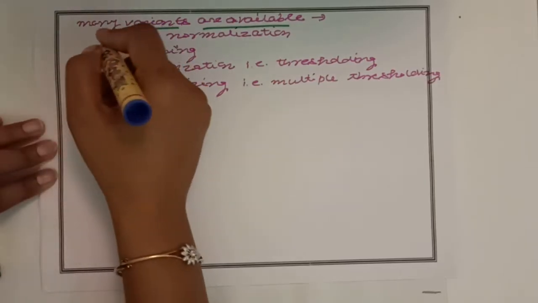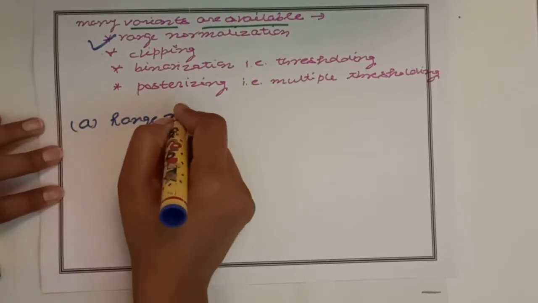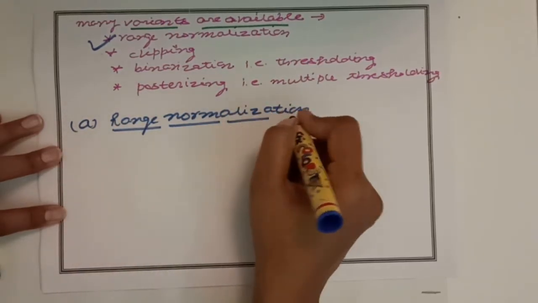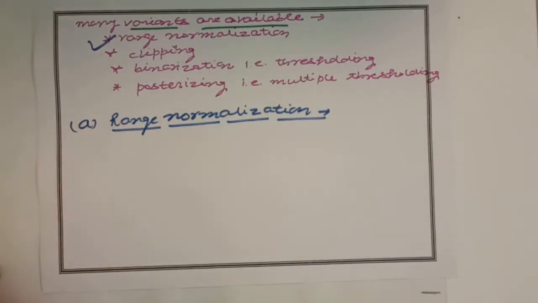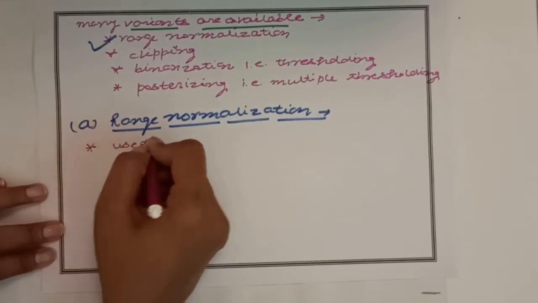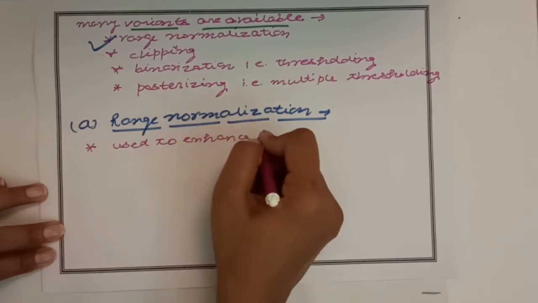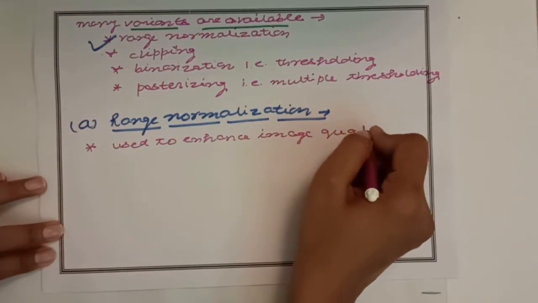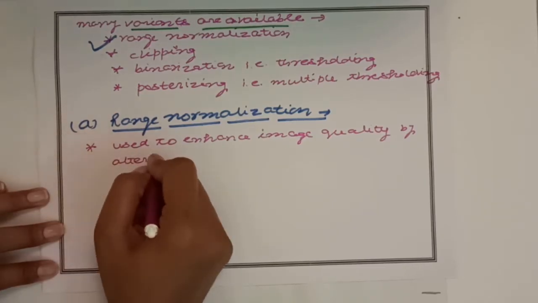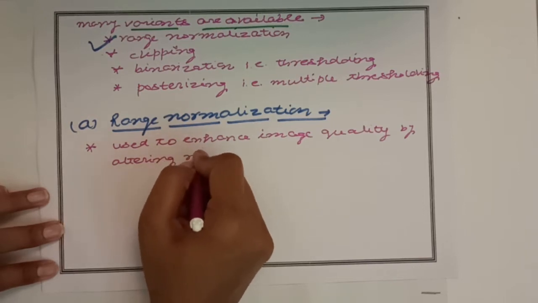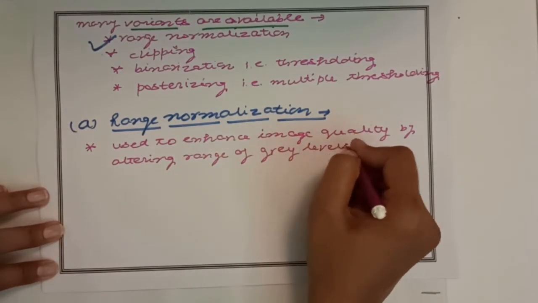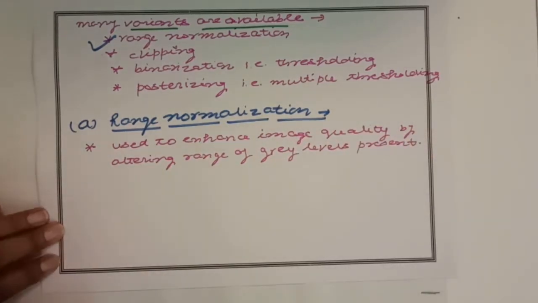First is range normalization. Range normalization is a special form of contrast stretching which is used to enhance image quality by altering the range of gray level present in the image.